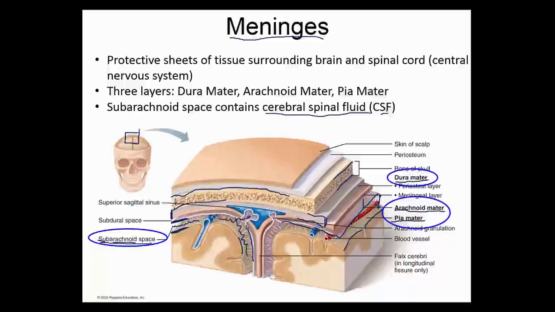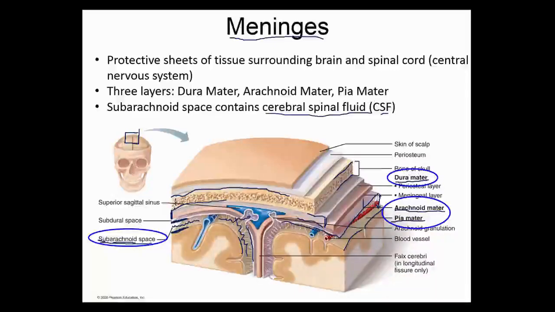We'll get into CSF, cerebral spinal fluid, a little bit later, but this is going to provide a lot of protection. This is a very robust protective mechanism. It's basically a fluid barrier between the brain and the skull.